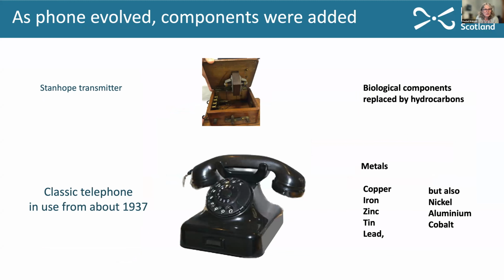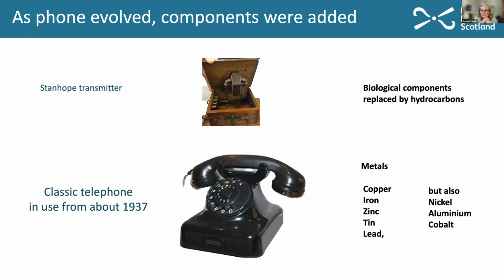Moving forward to other phones, here are some ones from the 19th century and then the 20th century. Gradually, the wooden or grown frameworks started to be replaced with other hydrocarbons, but hydrocarbons that come from petroleum products. The metals that were used started to be expanded.